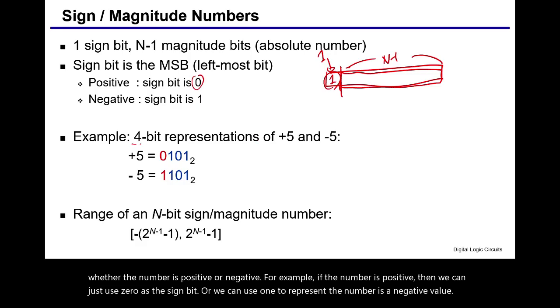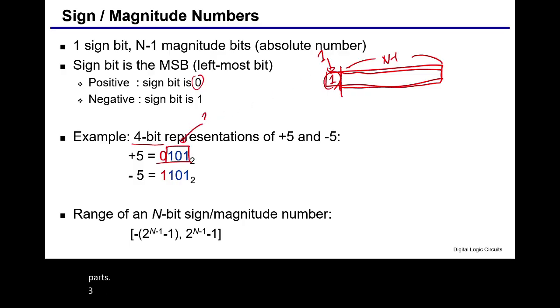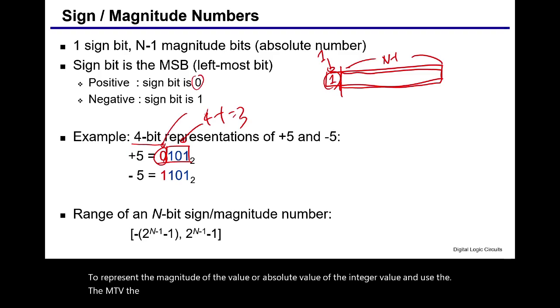For example, if we have 4 bits to represent a number, then we can divide the 4 bits into two parts. A 3-bit part, which is 4 minus 1 bits, to represent the magnitude or absolute value of the integer, and use the MSB, the most significant bit, to represent the sign bit.